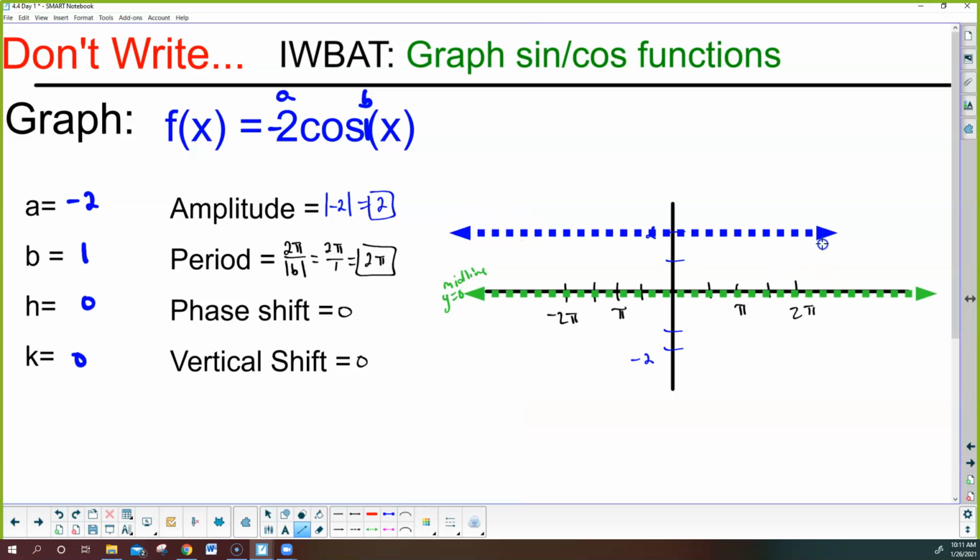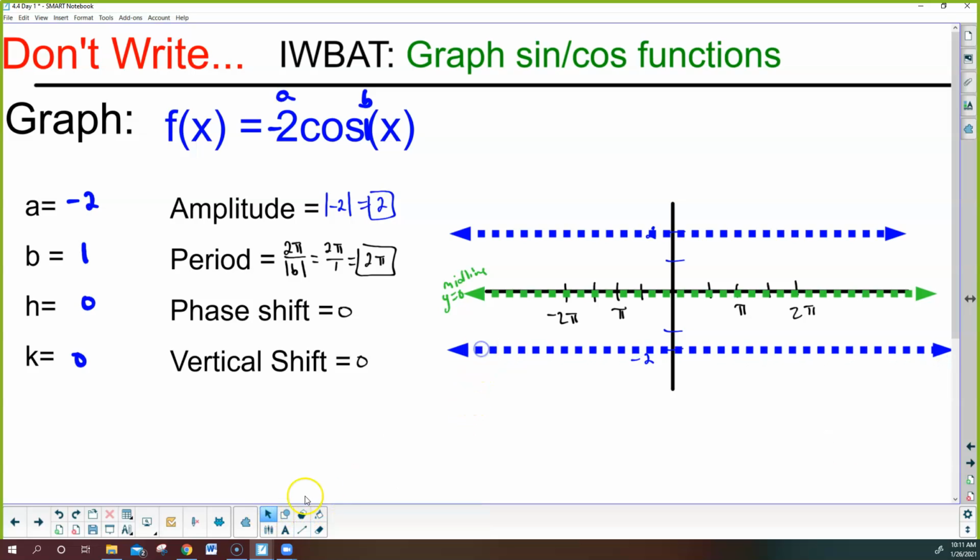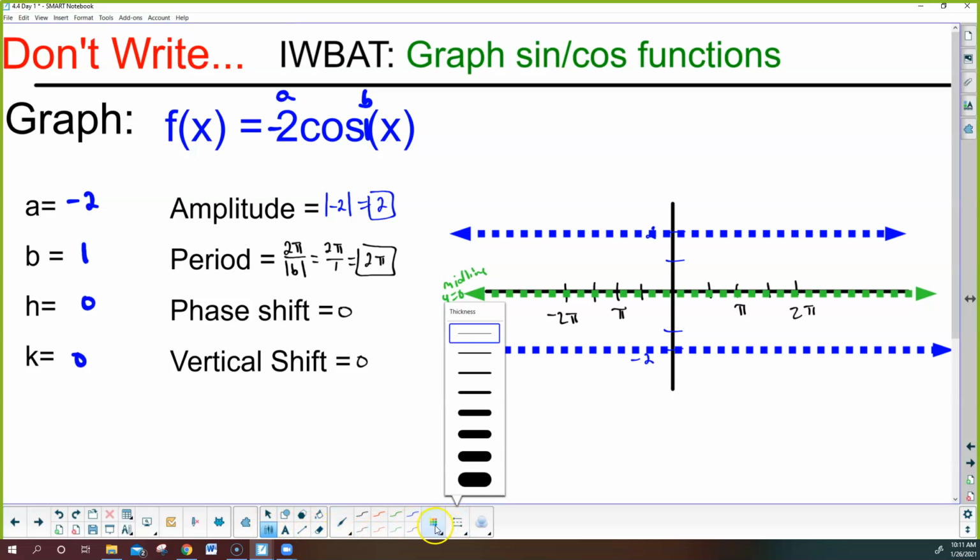So at 2 and at -2 are my values. Okay, so my max is the highest I go is 2, the lowest I go is -2.